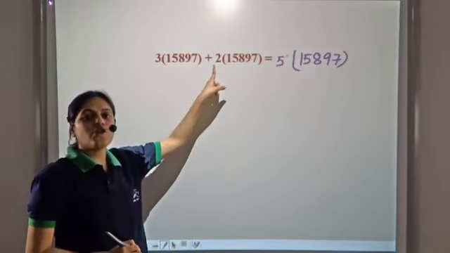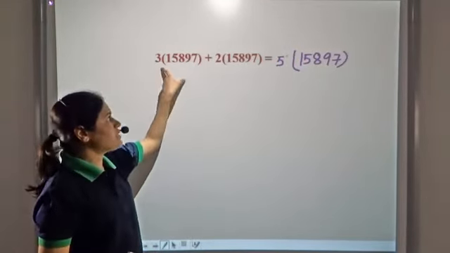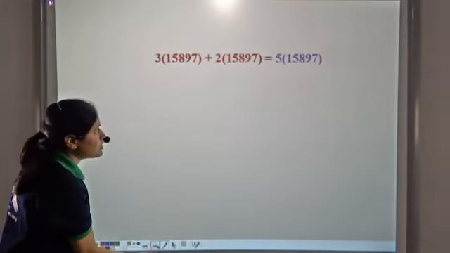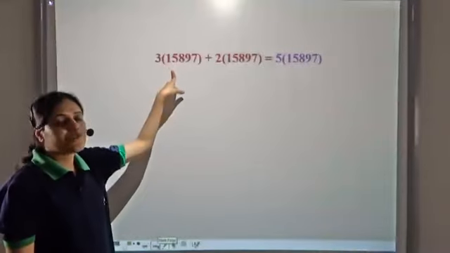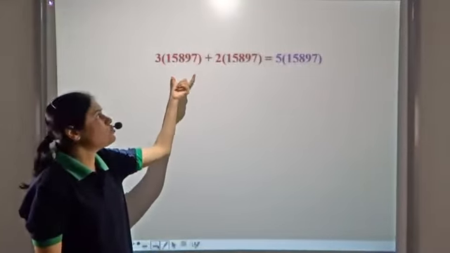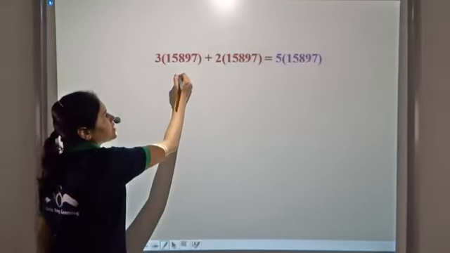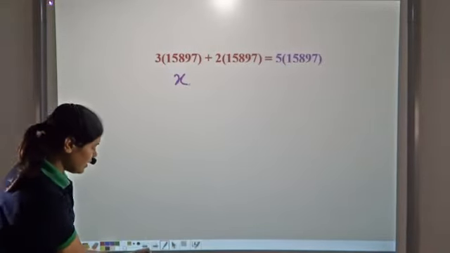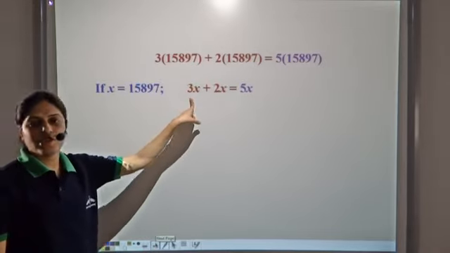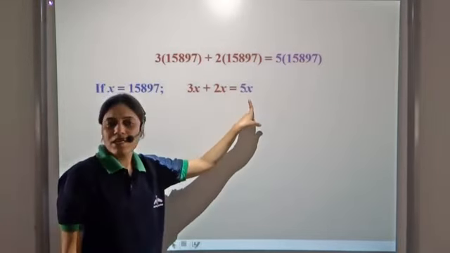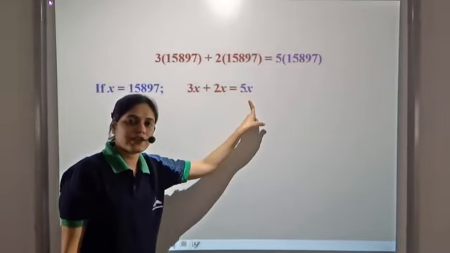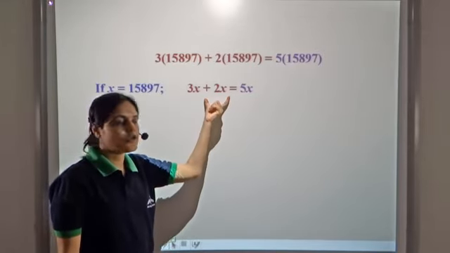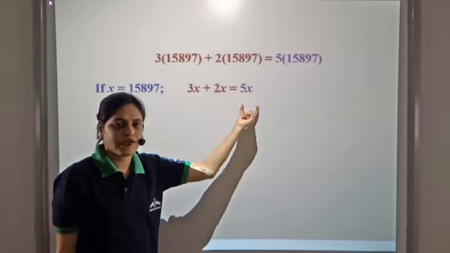So this saves you a lot of effort of multiplying this huge number twice. Similarly, if we represent this huge number with x, if we put x in place of this number, then we get 3x plus 2x is equal to 5x. So we have grouped these two terms together to get 5x.